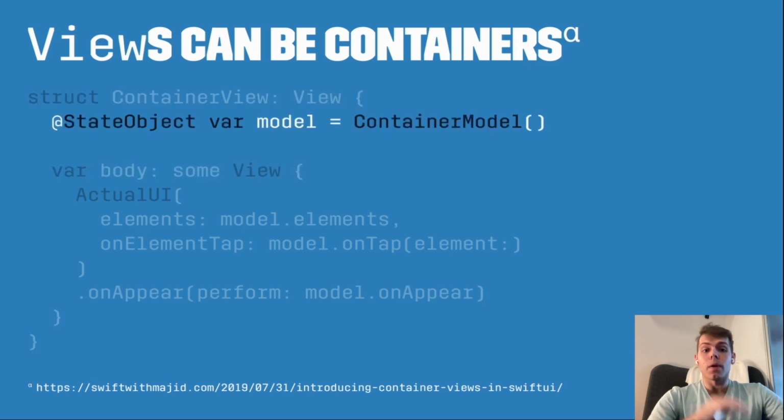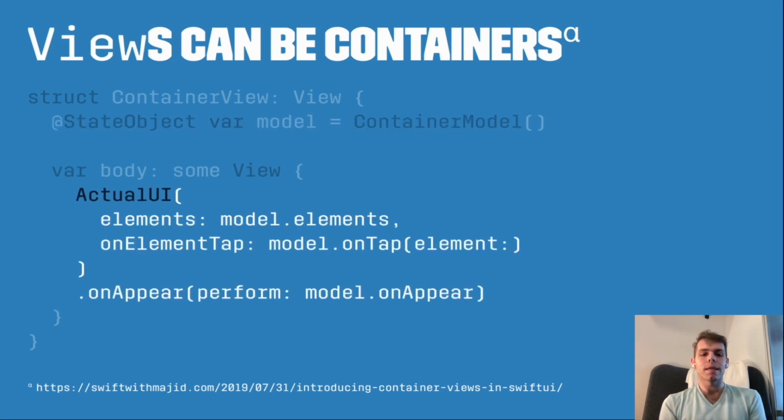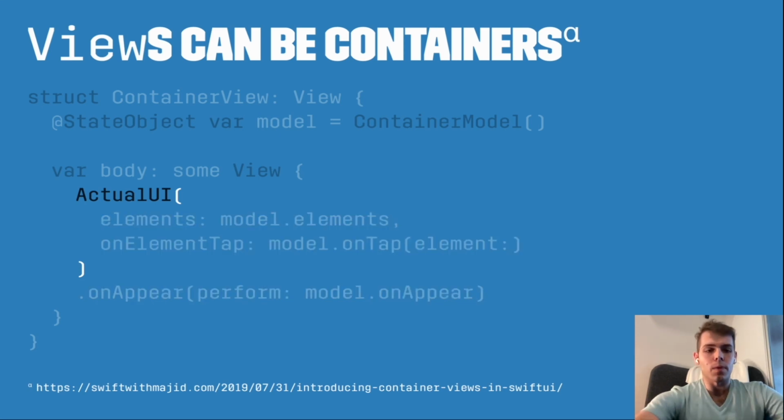And it also comes with its own state. In this case, we have this model where we will store all our business logic. Then, if you look at the body, we see that there is actually no explicit UI here. All the UI is delegated to another view. In this case, it is the actual UI view. And so, yes, this is where our UI is actually defined, not in our container.